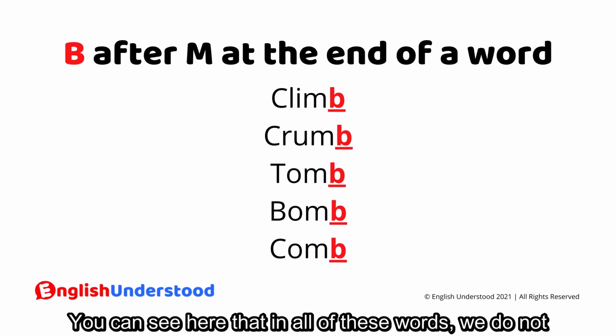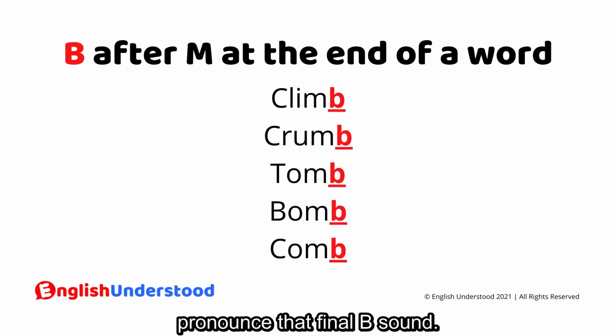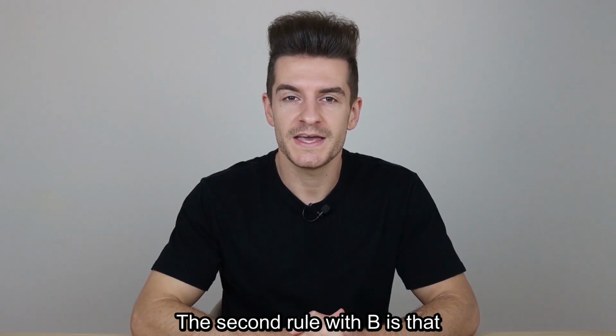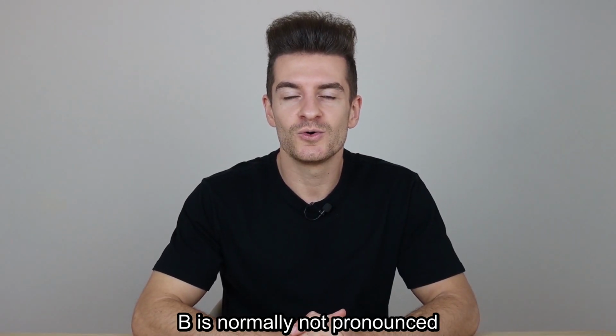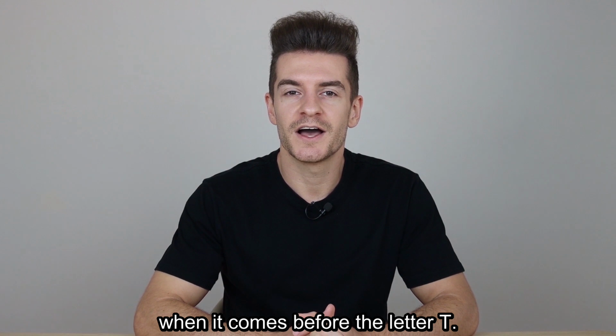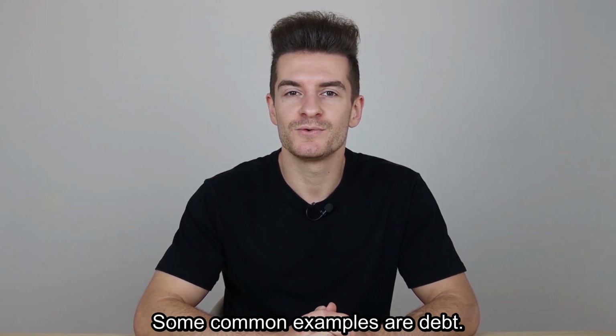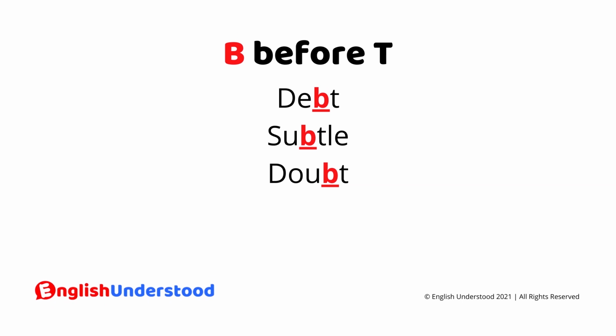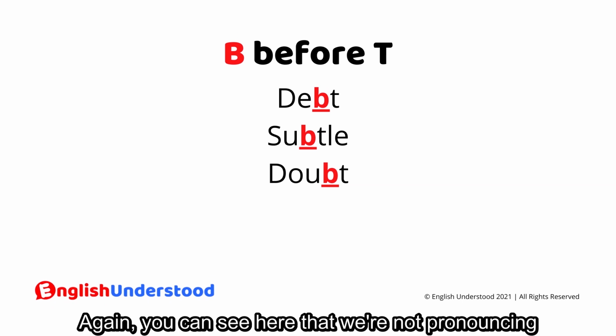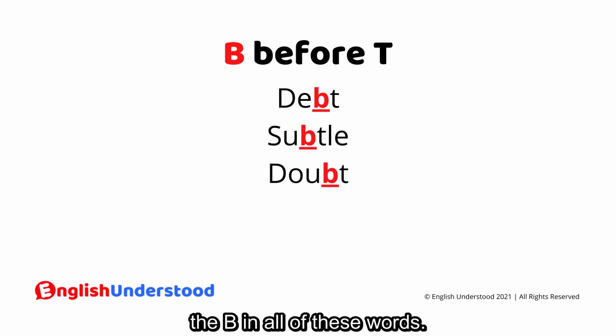You can see here that in all of these words, we do not pronounce that final B sound. The second rule with B is that B is normally not pronounced when it comes before the letter T. Some common examples are debt, subtle, doubt. Again, you can see here that we're not pronouncing the B in all of these words.